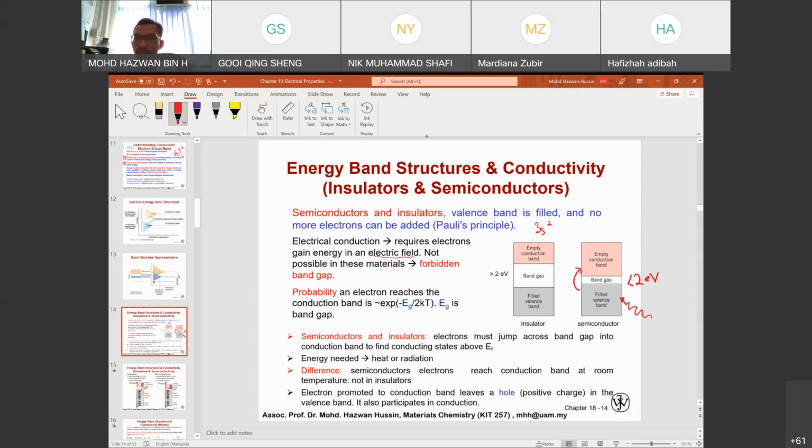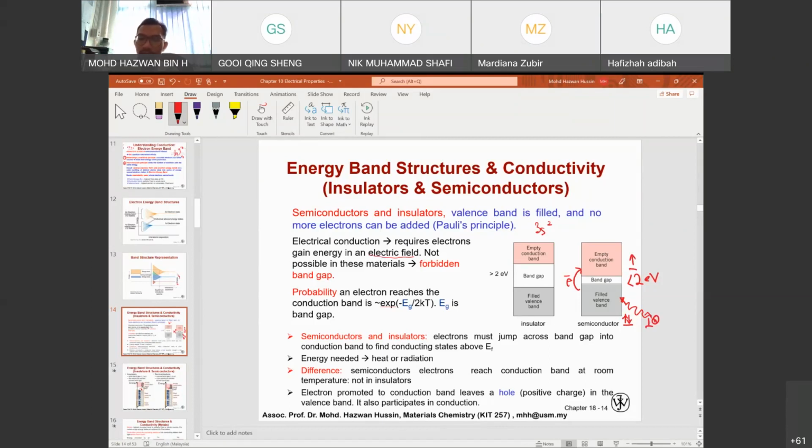So here, for semiconductors, after the energy is received through heating or radiation, the electron will be promoted. Let's say here you have 2 electrons. After one is transferred, this one will have 1 and this one will have 1, but there is a hole, h.